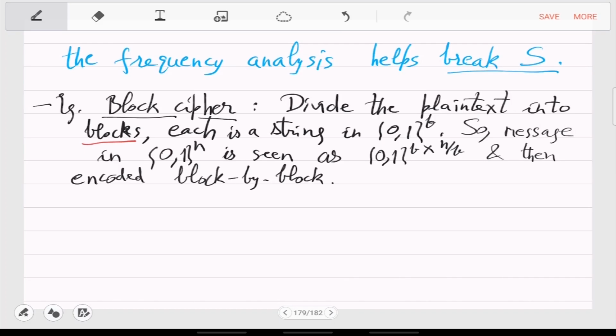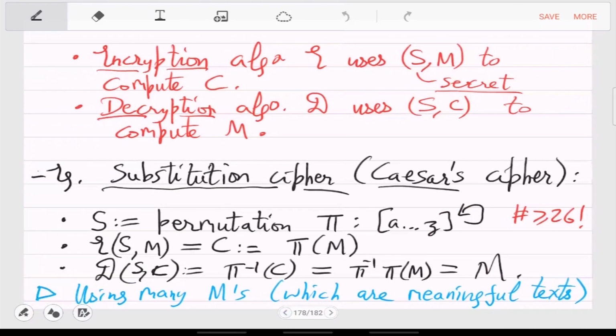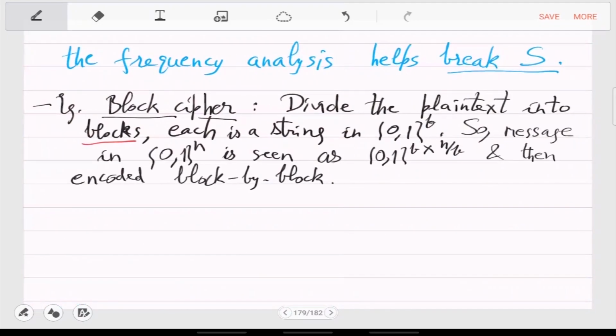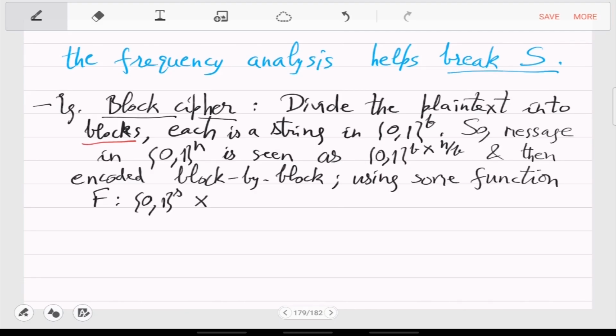Okay, so did we set some notation for ciphertext? Probably not. So let's say we just send n bits to n bits, and the way we will do it in block cipher is blocks of size B each, we will apply the transformation using some function f, which will have some secret s.